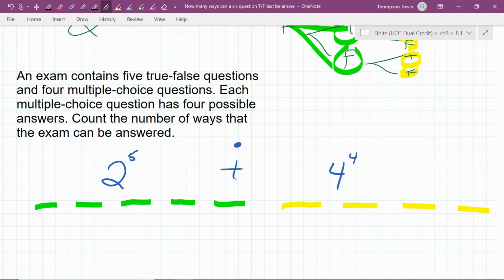Votes for multiply. Ann and Colin, you didn't vote. What if I said it this way? Is this an "and" or an "or"?